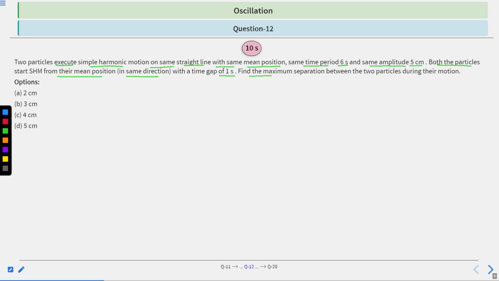Find the maximum separation between the two particles during their motion. The options are: option A, 2 centimeter; option B, 3 centimeter; option C, 4 centimeter; and option D, 5 centimeter. Which option is correct? You have 10 seconds to solve this question. After 10 seconds, we will provide the solution.